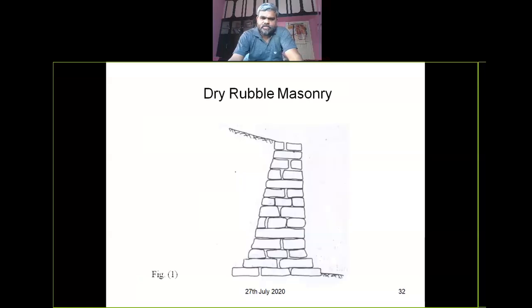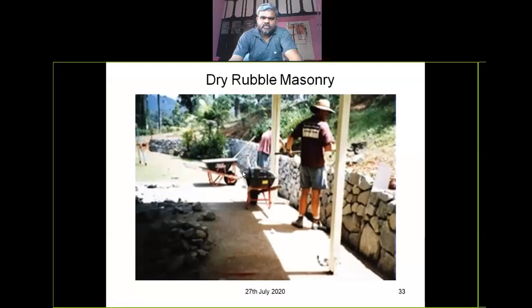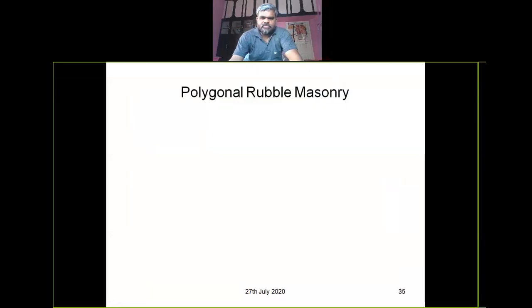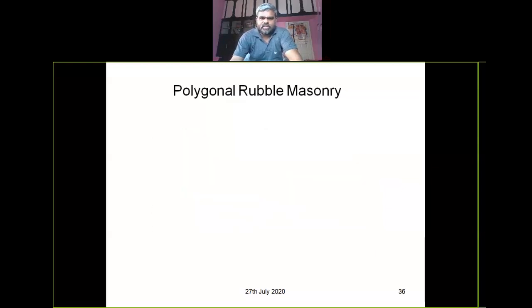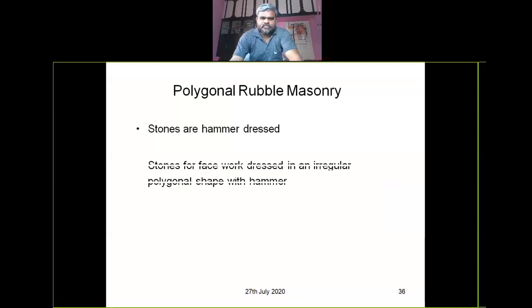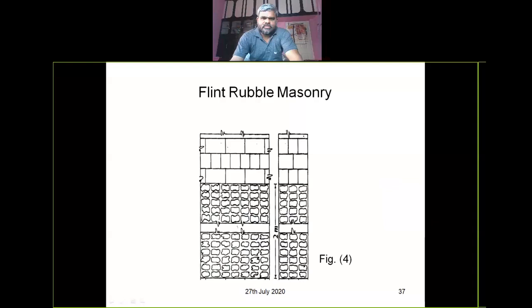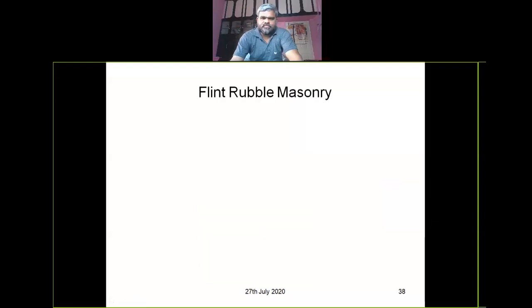Dry rubble masonry means masonry made without mortar. Very high skill is required for this. Polygonal type: cut the stones. See, stones for face work are dressed in an irregular polygonal shape with a hammer. This is flint.